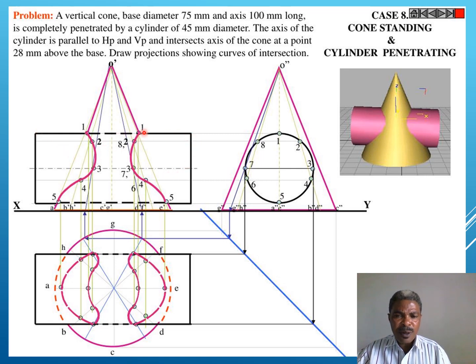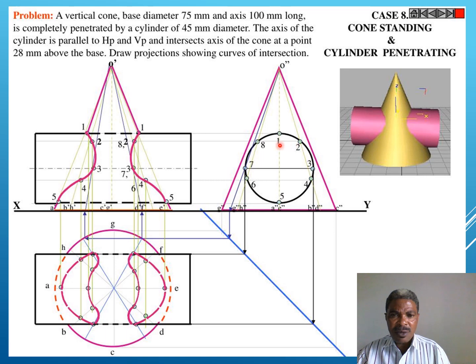This procedure is followed by drawing the end view. How is this cylinder located relative to the standing cone? This is the center where the cylinder is located. Then it's followed by dividing the cylinder into equally spaced parts. In this case, they are divided into 8 equal parts, numbered 1 up to 8.